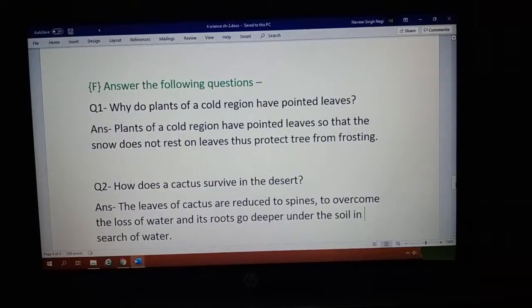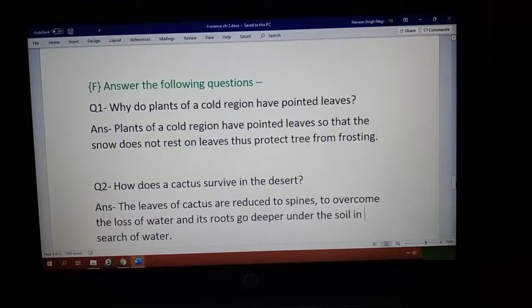So question number 1 here is, why do plants of a cold region have pointed leaves? Already students, I have explained this topic to you many times.